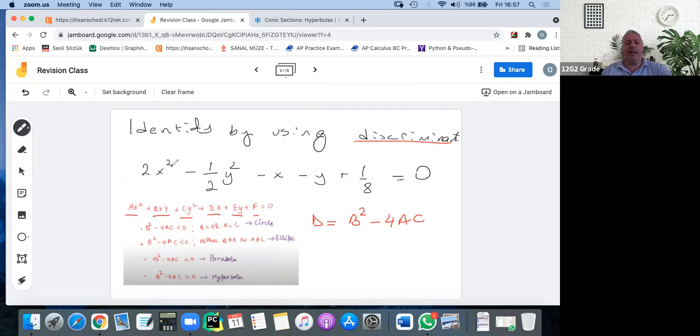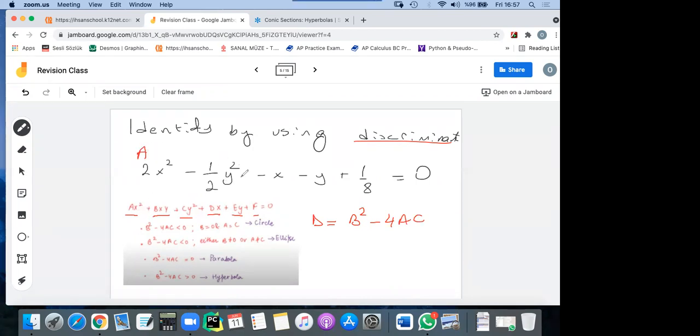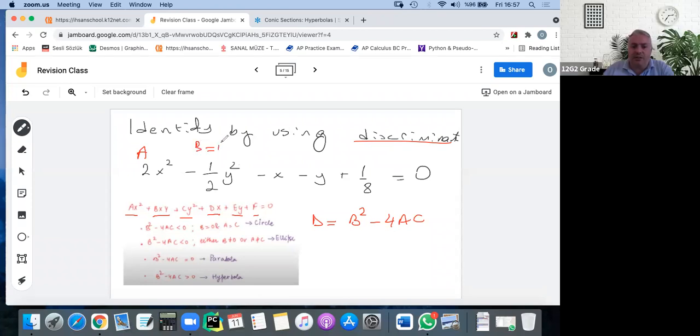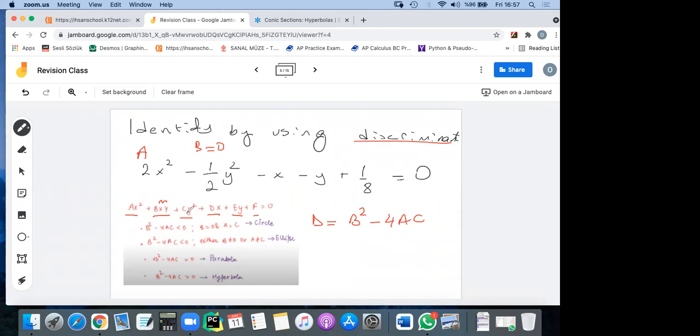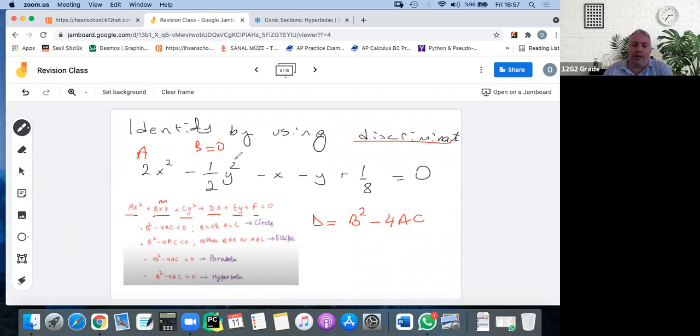Okay? So in my question, this is now a. Now there is no b. I can say that b is equal to 0. Why? b is the coefficient of x times y. Do I have x times y here? No. Now c is before the y squared. So a is 2, b is 0, c is negative 1 over 2. d is before the x.